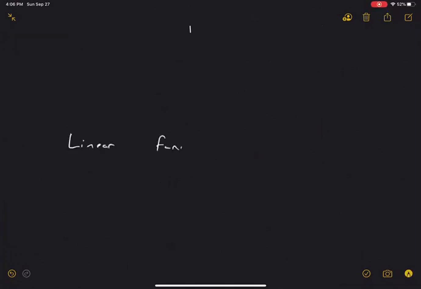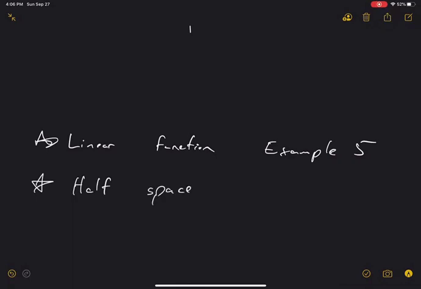Linear function, that's in example 5. And I would also look at the half space. I won't go over them here.